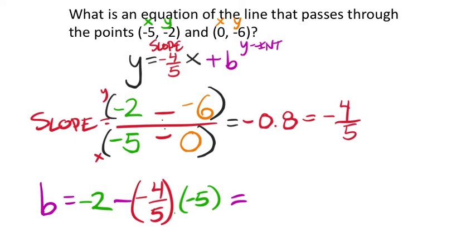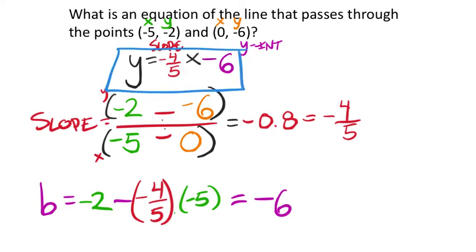So -2 minus -4/5, in parentheses, by the way, times -5, enter, and I get -6. It kind of looks like a 6 already because my handwriting is bad. But I'm going to take that plus b and replace it now with a -6. And this would be the slope-intercept form of the equation.